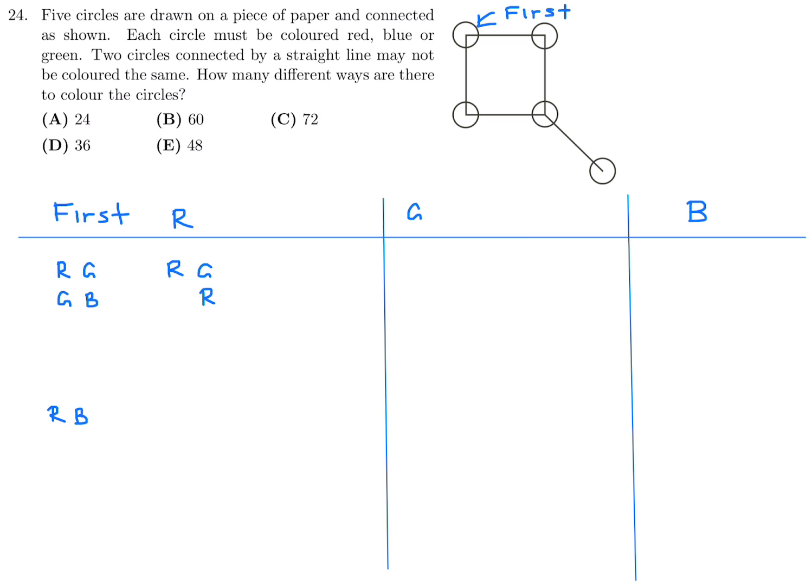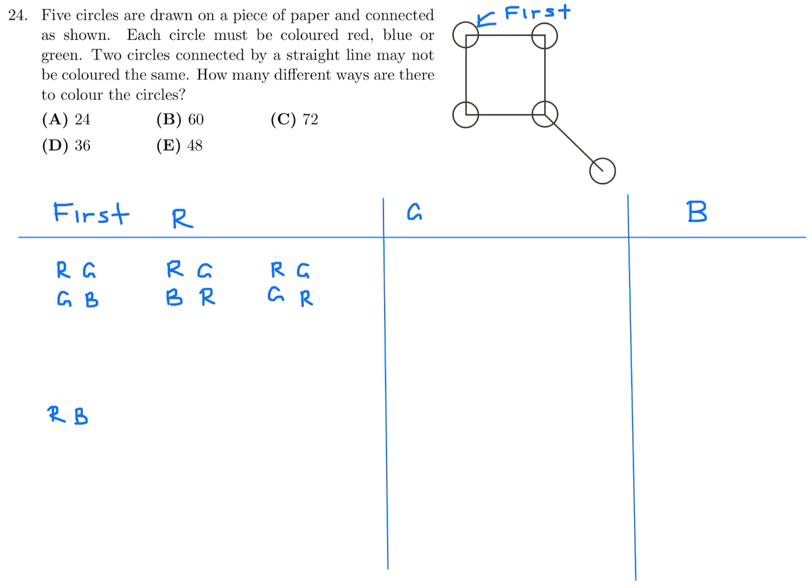If it's red, green, and red, I've got two choices. I could put blue, but I also could have red, green, red, and green. Okay? So this is the setup. These three are the only ways you can do it if the first is red and the second is green. Okay? We're done labeling this part.